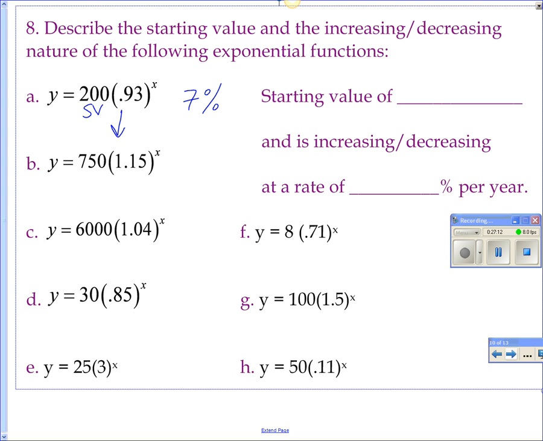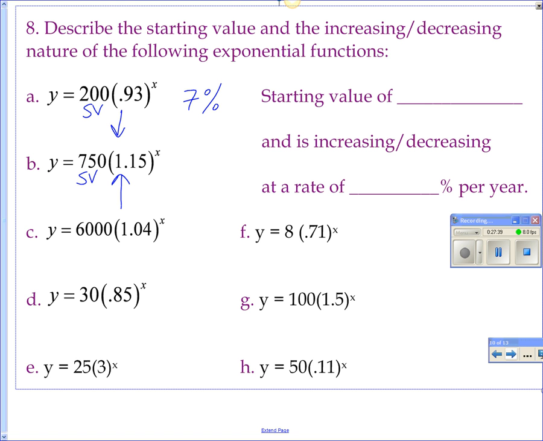Okay, on the next one, for B, which one of these is my starting value? 750. That's my starting value. 1.15, is that bigger than 1 or less than 1? Bigger. So as you multiply by that number, do you go up or does it go down? It goes up. We need to figure out what percent it originally had.